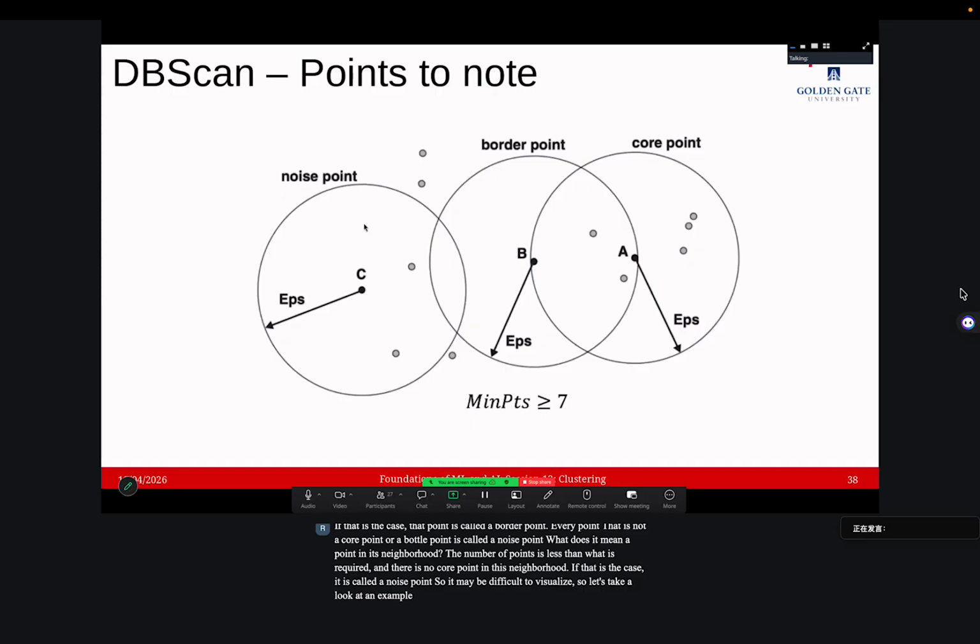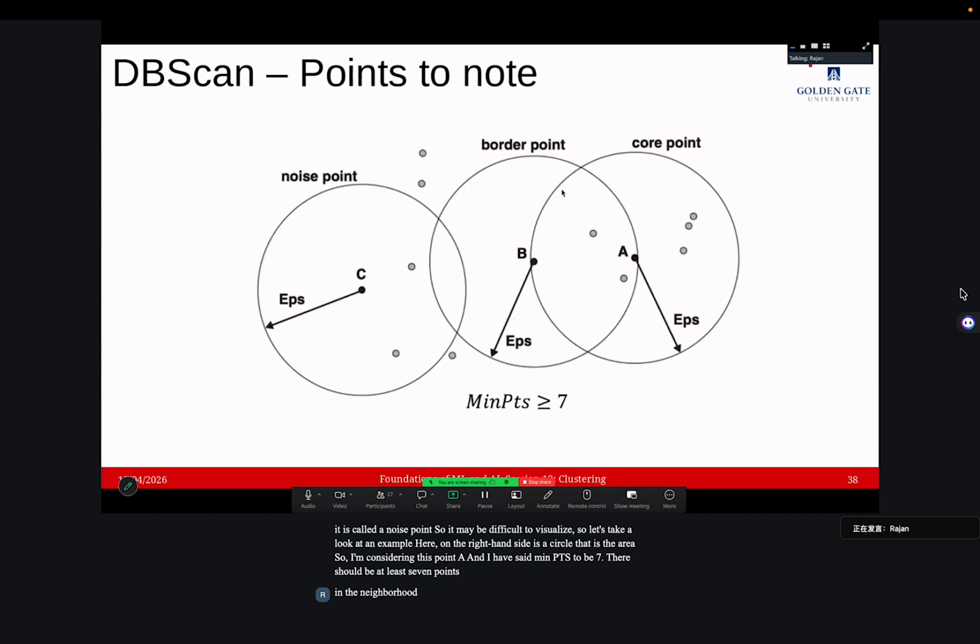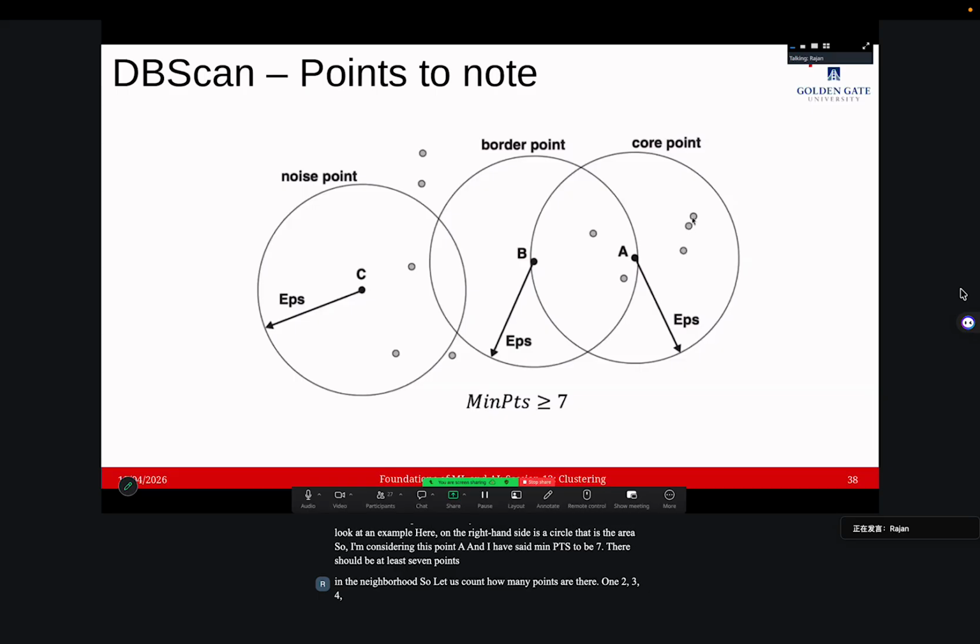Here on the right hand side is a circle, that is the area with epsilon. I'm considering this point A, and I have set min points to be 7. There should be at least 7 points in the neighborhood. Let us count how many points there are: 1, 2, 3, 4, 5, 6, 7.